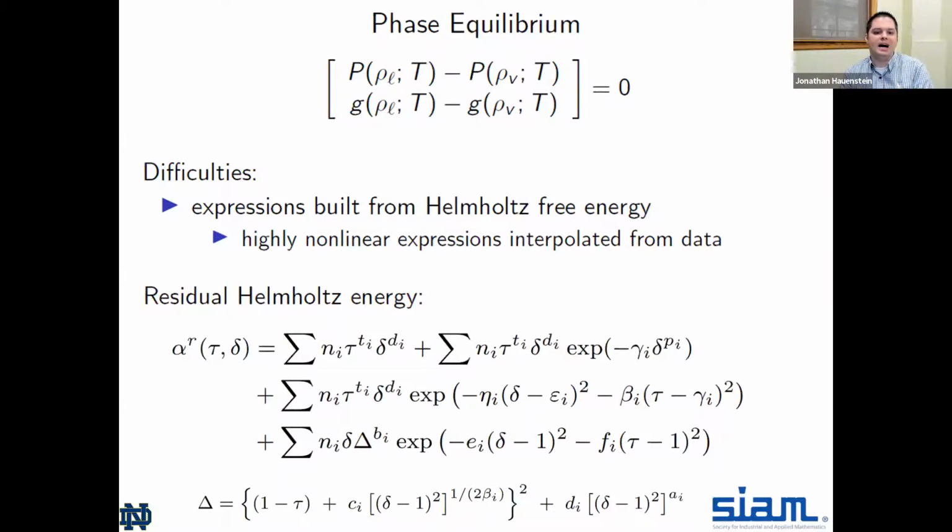The difficulty lies in this Helmholtz free energy. It looks innocent enough until we start plugging in the expressions for the pressure and the free energy. But we still can apply homotopy continuation. As long as this is continuously differentiable, we can apply the implicit function theorem and homotopy continuation.